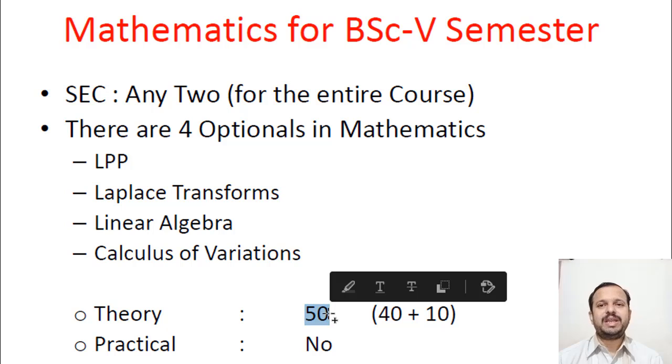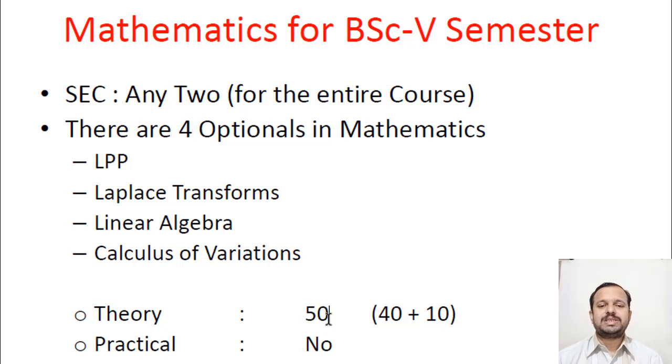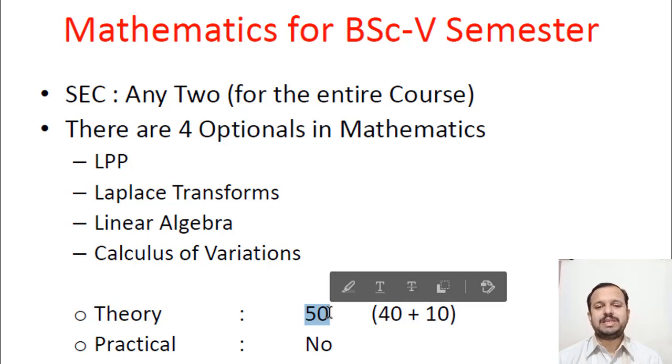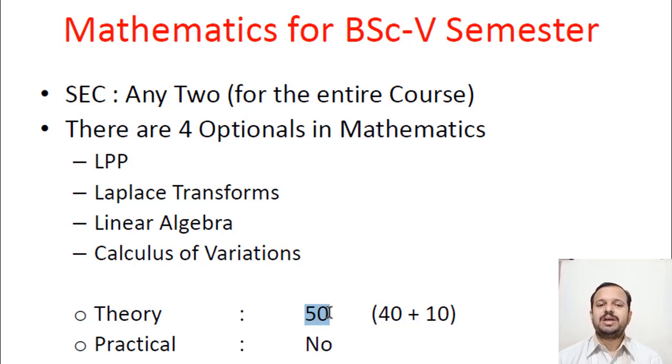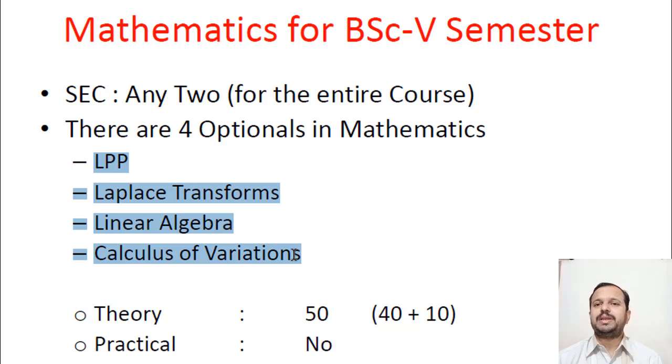So 450 for DSE, that is your core subject 3 papers, and SEC, any 2 SECs you are going to choose from any subject of your interest, out of the optionals prescribed in your subjects.